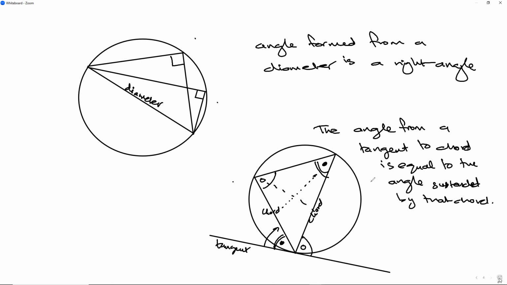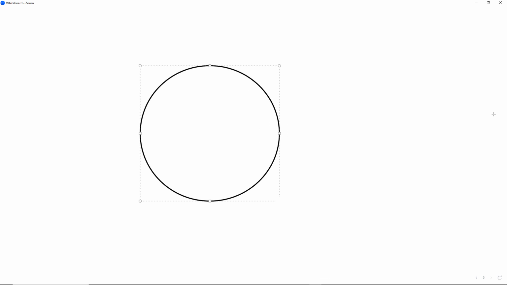Another thing to point out is that if you have a circle and you draw a triangle from the center where two of the sides of the triangle are equal to the radii, then if this is the center of the circle C, and this is your radius, and this is also your radius, they're equal, right?